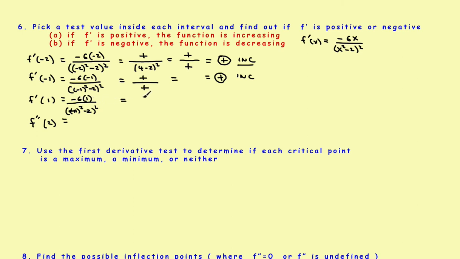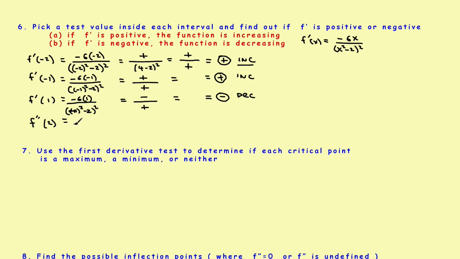Negative 1 times 6 is going to be a negative in the numerator, divided by, and no matter what you have in the denominator, when you square it, it's going to turn positive. So what you've got here is a negative divided by a positive, which will give you a negative, and that tells you that the function is decreasing. So again, you're not concerned about the numerical value. All you want is positive or negative.